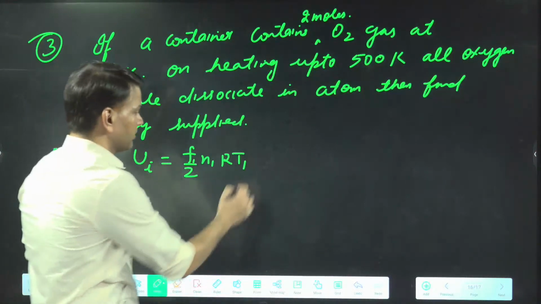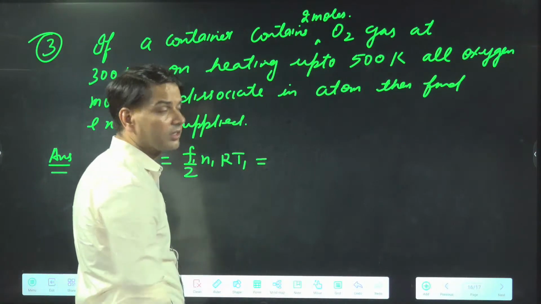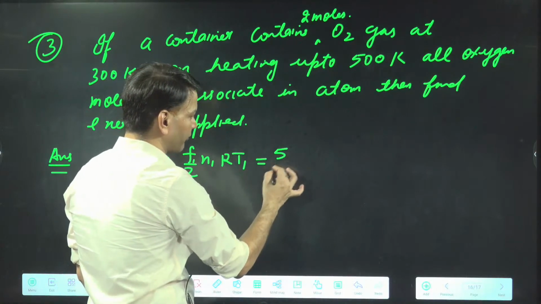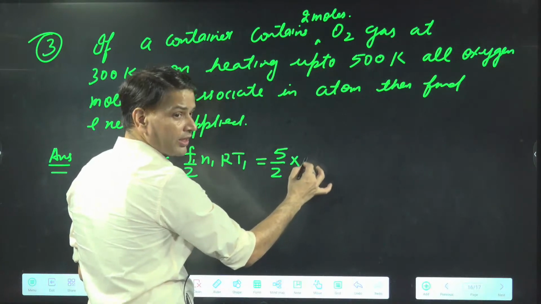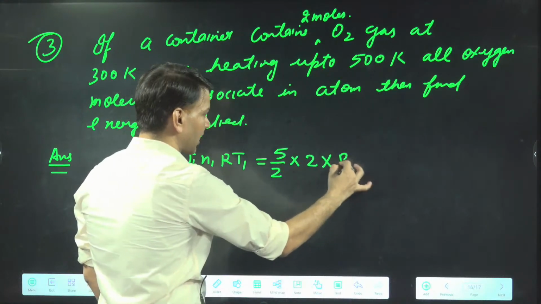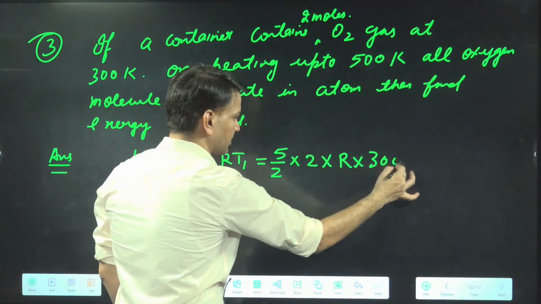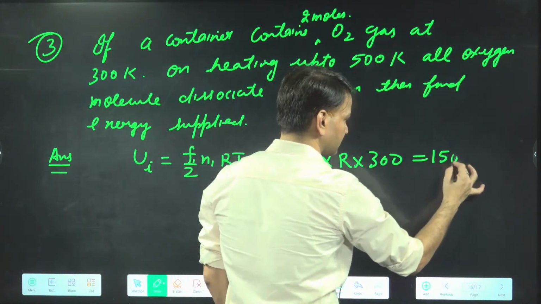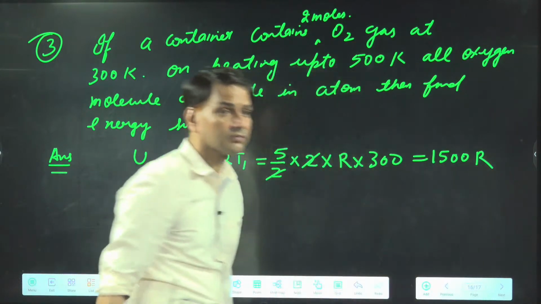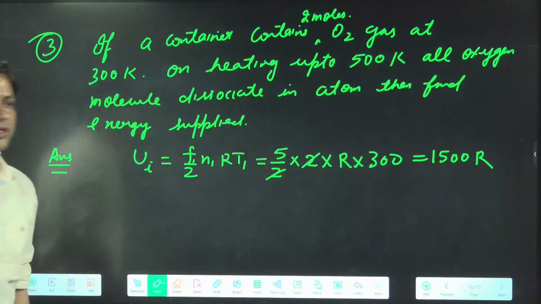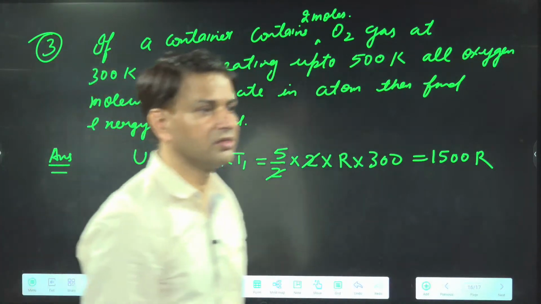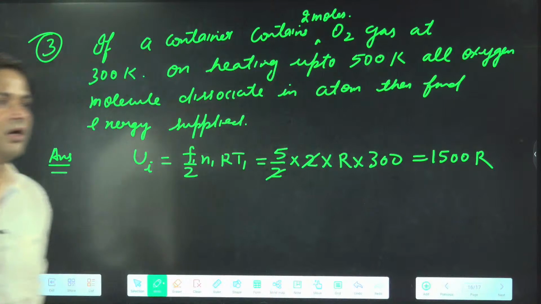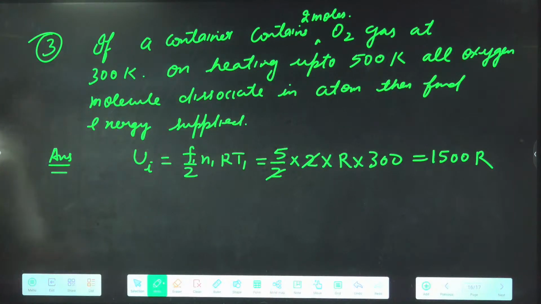Initially it is an oxygen molecule. So how many degrees of freedom? 5 by 2. How many moles? 2. R is the R. What is the temperature? 300. So what did we get? 5 3 is a 1500 R. Jyoti, got it or not? Answer was 0. Okay, I will check.